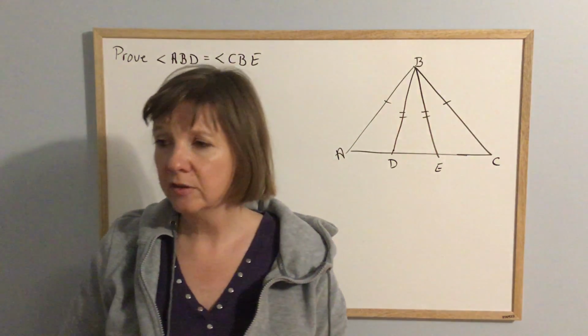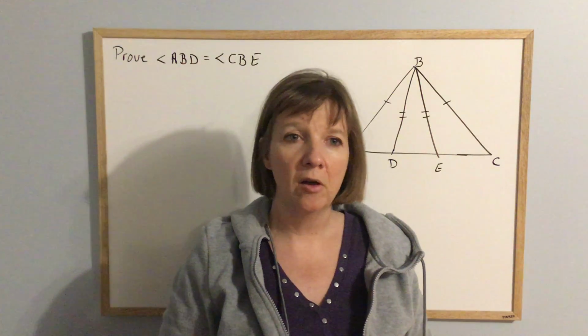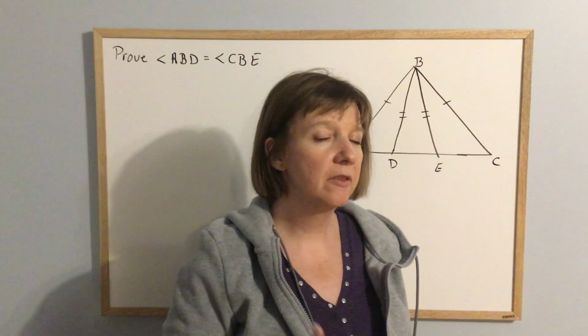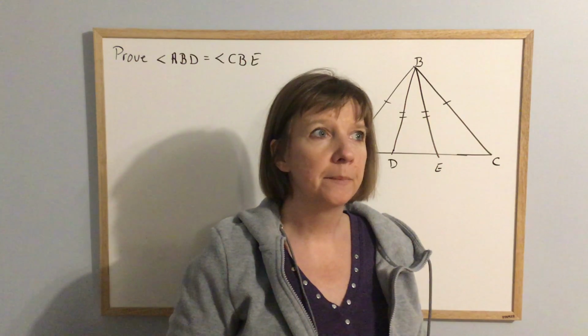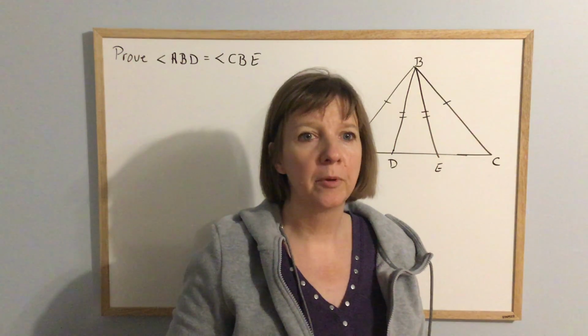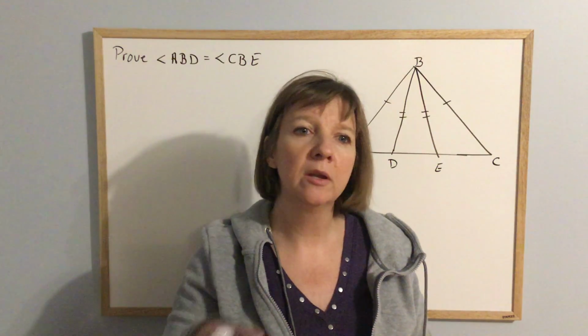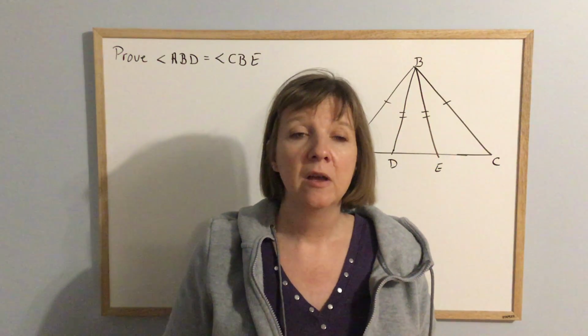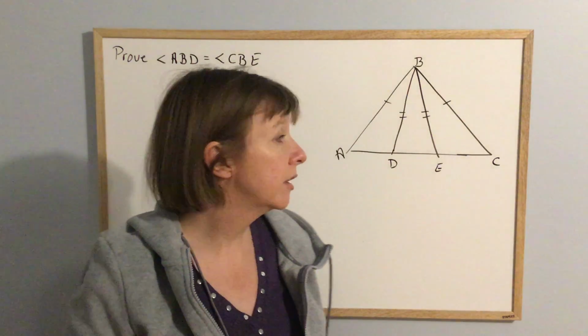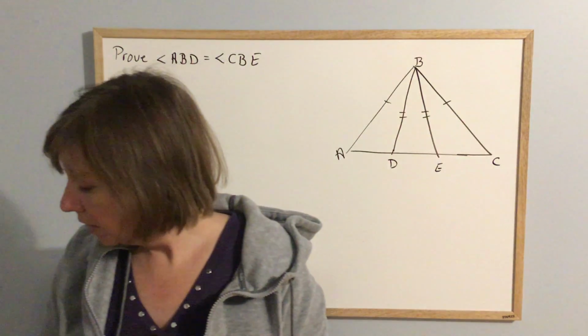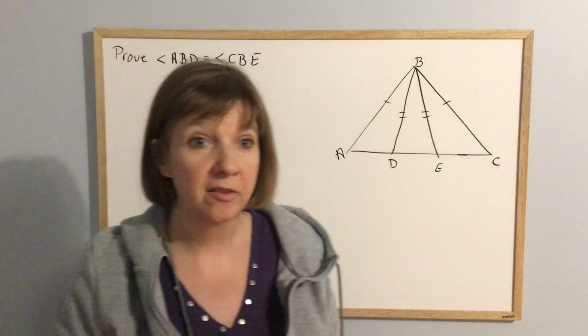So section 7.1 is on geometric proofs. This is really what geometry is all about. This is really the basics of geometry, doing geometric proofs. So what I have on the board is example 1 on page 386.